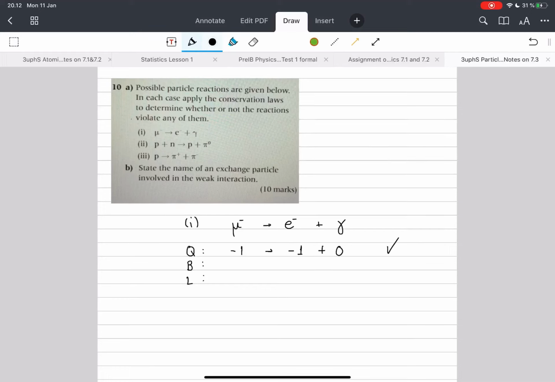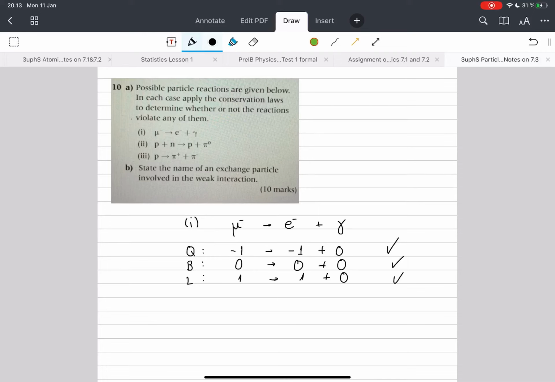It's not violated. Now let's look at B, the baryon number. The muon has a baryon number of 0, the electron has a baryon number of 0, and the photon 0. So that's okay also. Let's look into the lepton number. The lepton number of the muon is 1. The lepton number of the electron is 1, and the lepton number of the photon, gamma, is 0, because a photon is not a lepton.